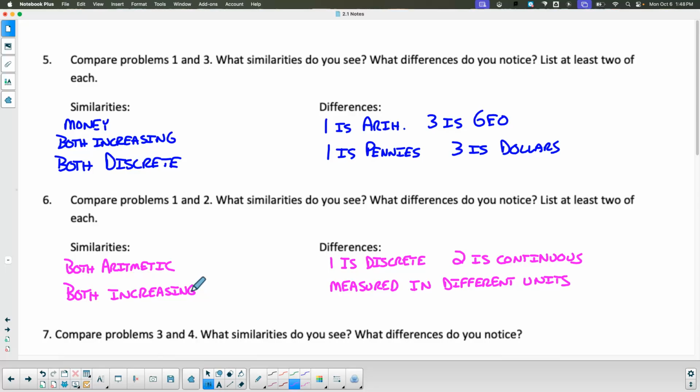So number 2 has an upper limit. We can't put more than 1,500 gallons of water into the pool. With me? Yeah? All right.